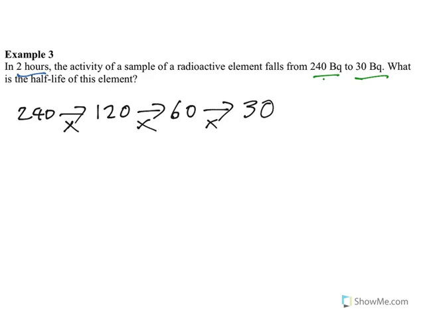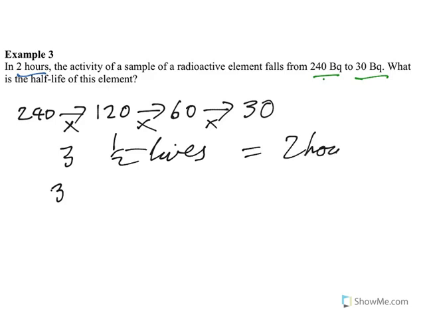So 3 half-lives is, again, I just noticed I made a mistake on this one as well. So 3 half-lives is, whoops, not 6 hours, 2 hours. So 3 half-lives is 2 hours.